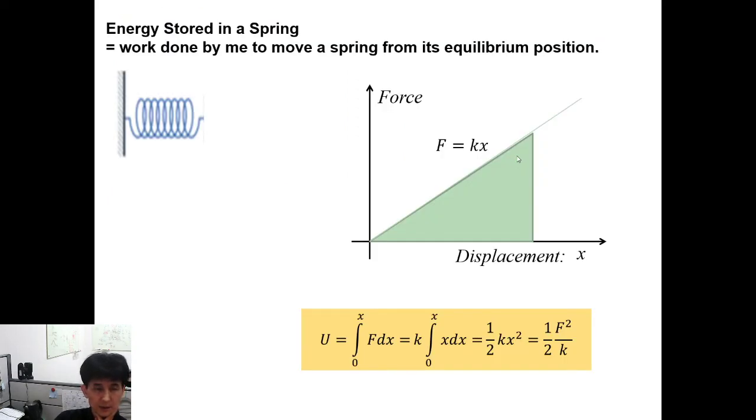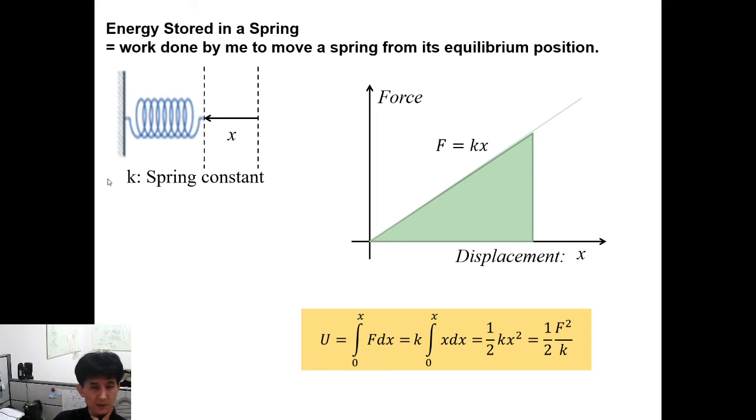Let's go back to another topic. Not another topic. It is a topic we have studied in the first semester: energy stored in a spring. If there is a spring and the spring is displaced from its equilibrium position by an amount of x distance, the property of a spring is that if it is compressed by an amount of x from its equilibrium position, then the force acting on this position is proportional to the displacement times k.